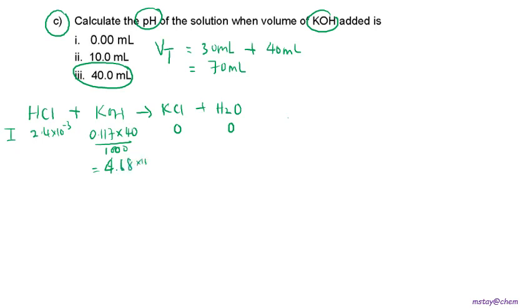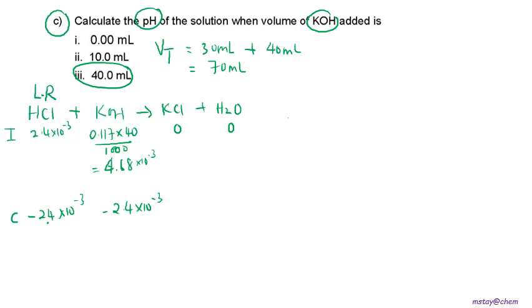The number of moles is 4.68 exponent negative 3. So it is very obvious that this time, after 40 ml of the KOH is added, the HCl is the limiting reactant. All the HCl will be completely used up. While for the KOH, it also only reacts 2.4 exponent negative 3 due to the ratio from the equation being 1 to 1.